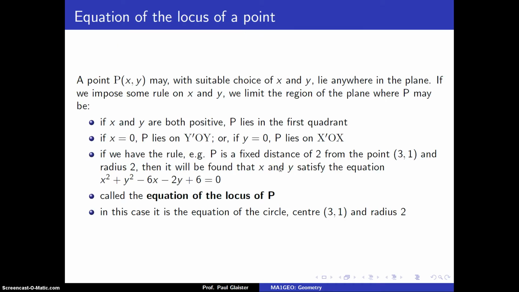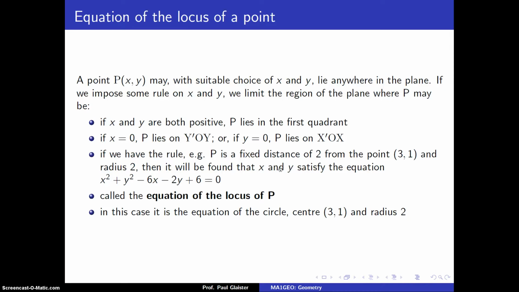Now, in general, we're going to be talking about points P with coordinates x, y that could lie anywhere in the plane. And typically, we're going to state a rule about that particular point. Say it's equidistant from a particular point or from a particular line, or a series of other descriptions.